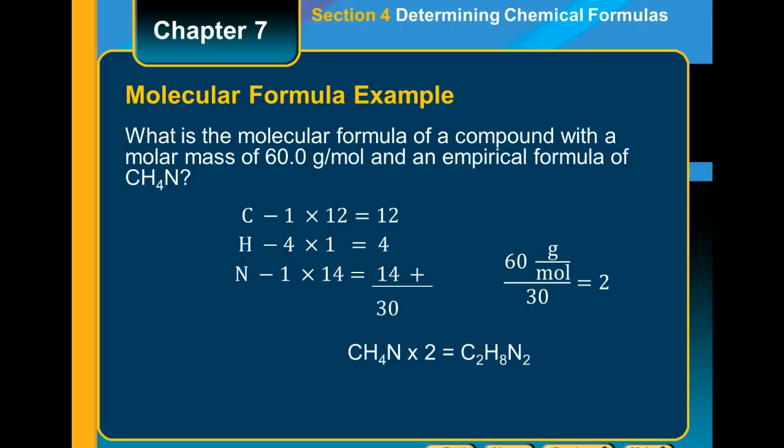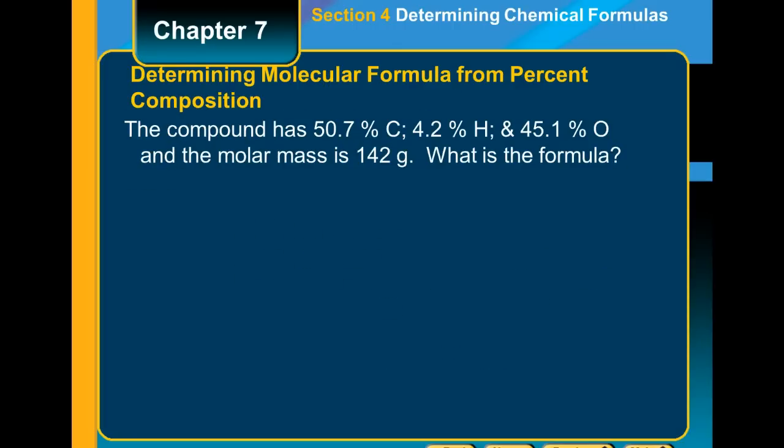Okay, so there's one more additional piece that we could make the biggest problem, which would combine both finding the empirical and the molecular. This example says the compound has 50.7% carbon, 4.2% hydrogen, and 45.1% oxygen, and its molar mass is 142, and what is the formula? So the first step we have to do is find the empirical formula.